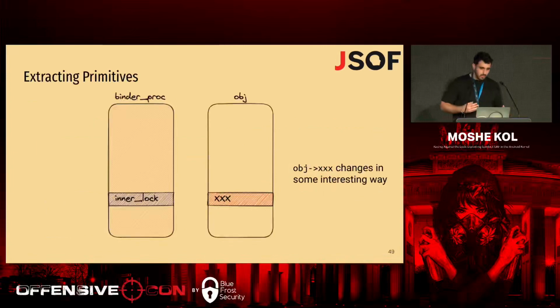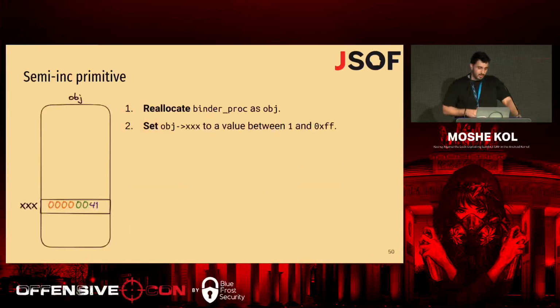Now we'll try to extract some useful memory corruption primitives off of this implementation. The first primitive that comes to mind is the semi-increment primitive. The idea goes like this. We will reallocate the binder proc as some object that has a field that overlaps with the inner lock and set this field to a value between 1 and hex FF.